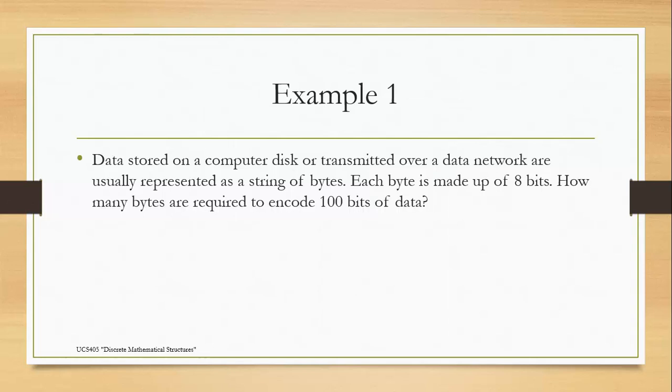Looking at some examples, data stored on a computer disk or transmitted over a data network are usually represented as a string of bytes. We know that 1 byte is equal to 8 bits. How many bytes are required to encode 100 bits of data? To calculate the number of bytes, we will divide 100 by 8.